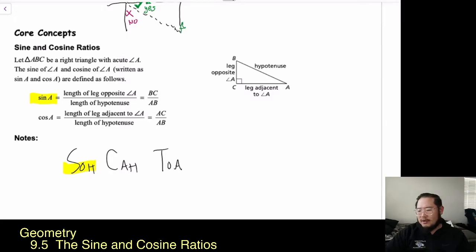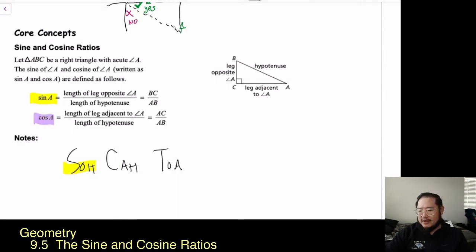So, all right. I could use the sine of A on any of the acute angles in a right triangle. So I could say sine of A, or I could also say sine of B when we take a look at this triangle here. I could also do the same with cosine.